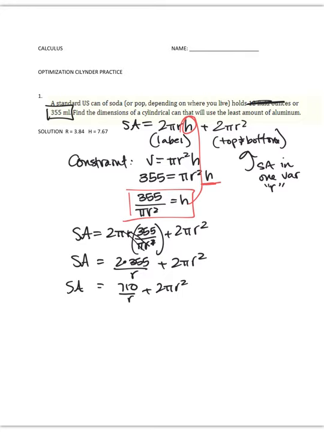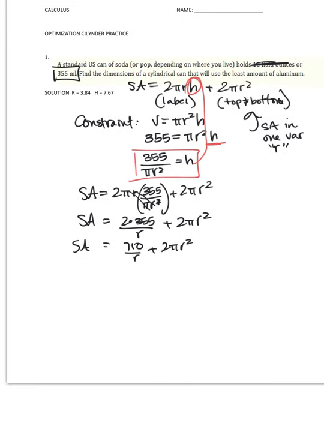And so we want to take the derivative of this so that we can find what the radius is. Now, if you recall, this 1 over r, we want to put it as r to the negative 1. So the derivative of that would be negative 710 r to the negative 2 plus 4 pi r.